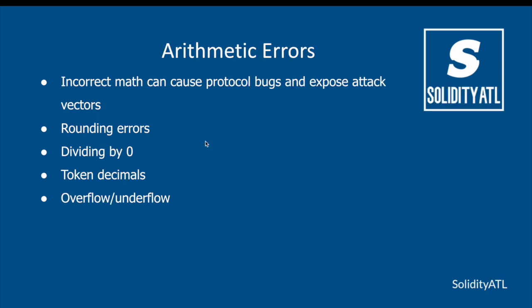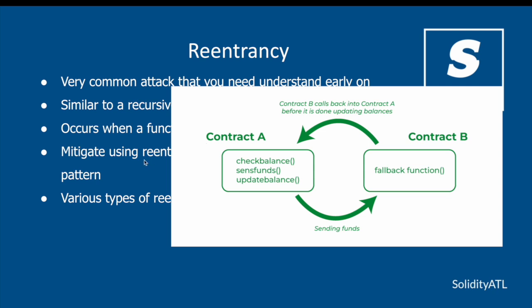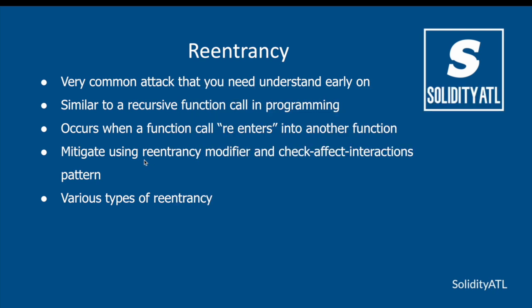We'll talk more about mitigation strategies, but the best way to counter a reentrancy, and this is for developers and security auditors who need to know this, is to use a reentrancy modifier and or the check effects interactions pattern. It's best to use both. You can use OpenZeppelin's library to bring in a reentrancy modifier, or you can create one yourself.